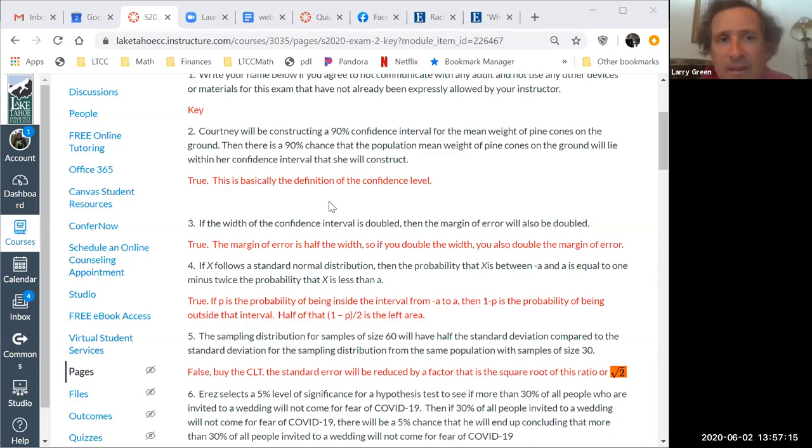Okay, for project 2, the idea is a little different. It's a really good question. For project 2, no one's telling you what to do for your confidence level. So you're going to collect your data first. Then you're going to play with a couple confidence levels.